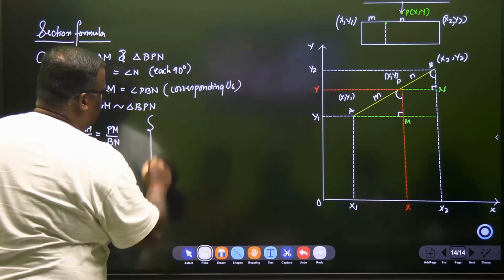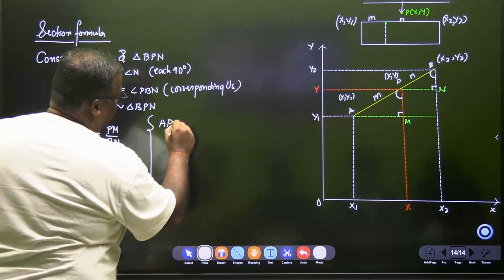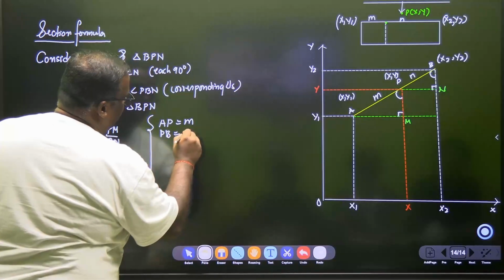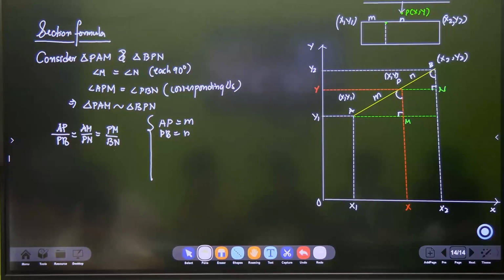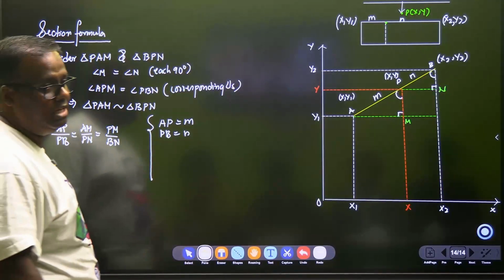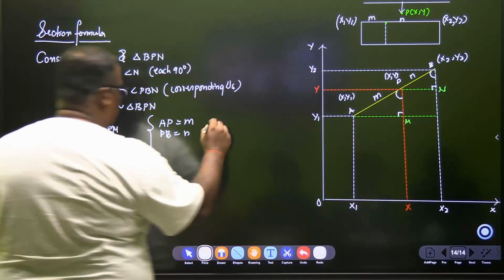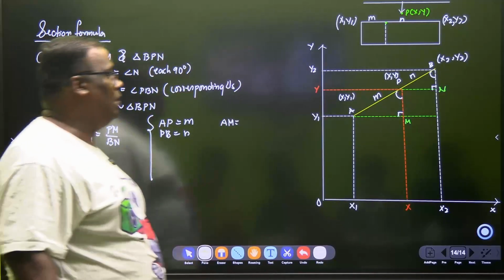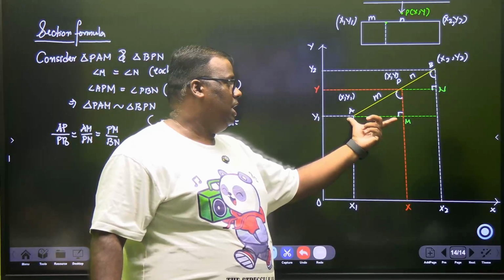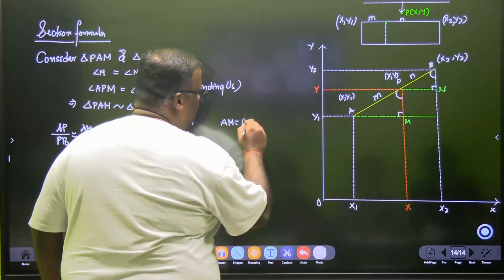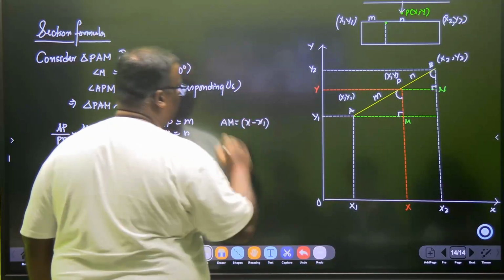Now let's see something. AP carries the value M, PB carries the value N. The length of AP is M, the length of PB is N. Can you tell me what is the value of AM? Look, AM will be X minus X1.